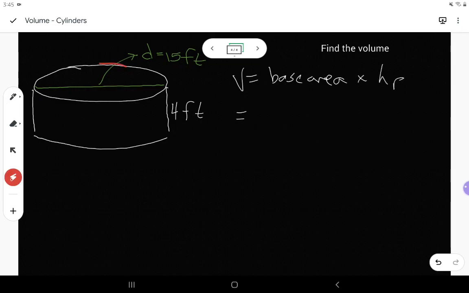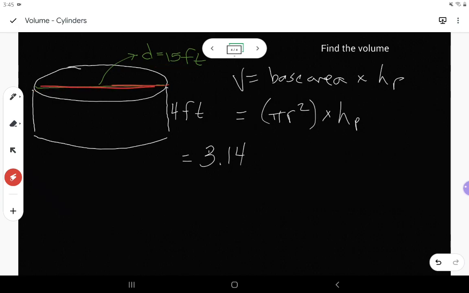I still have my base area needs to be a circle, so I need to start off by finding the area of a circle. The area of one circle is pi r squared, and then I'm going to multiply by the height after that. I'm going to approximate pi using 3.14, and the radius I don't have. This is a diameter.